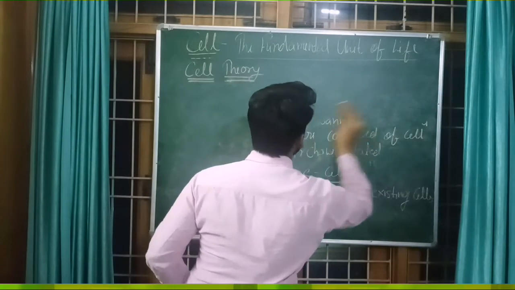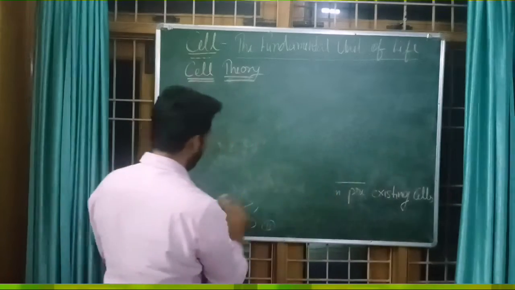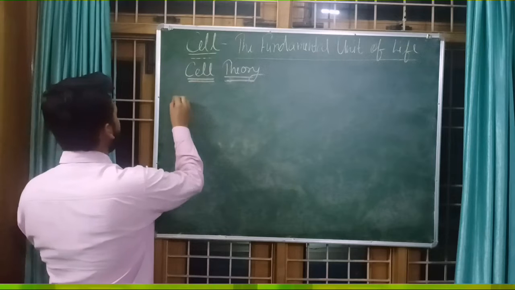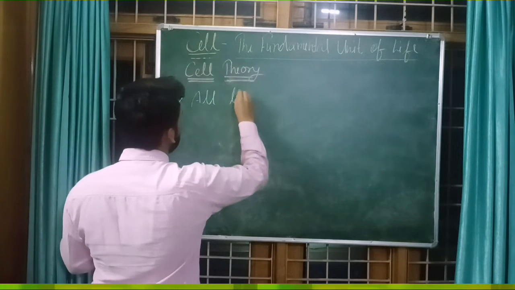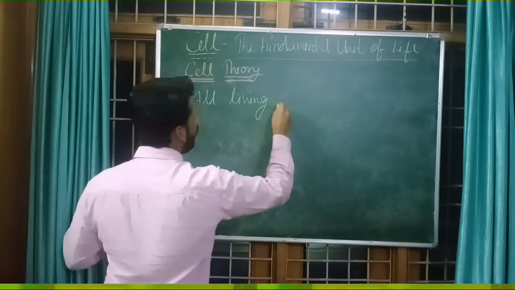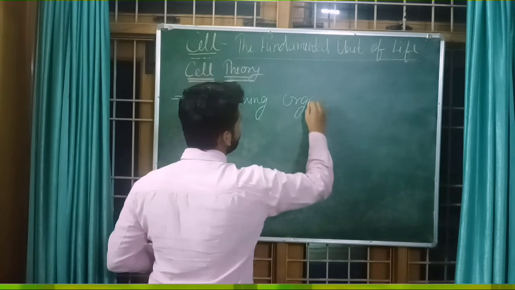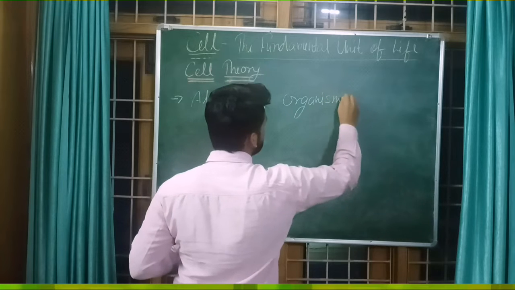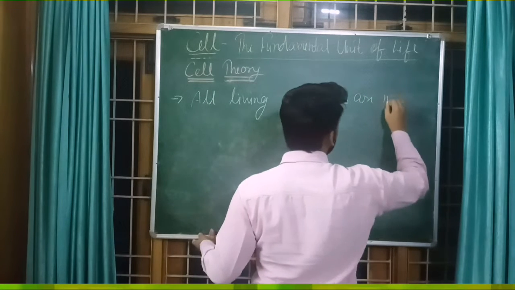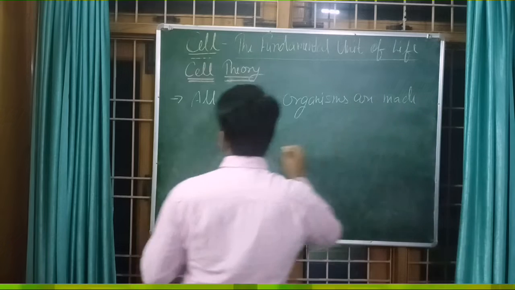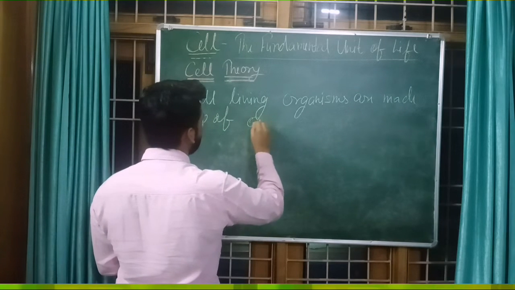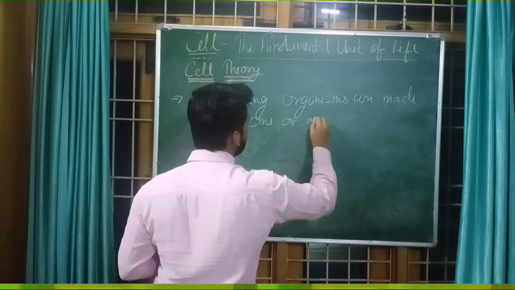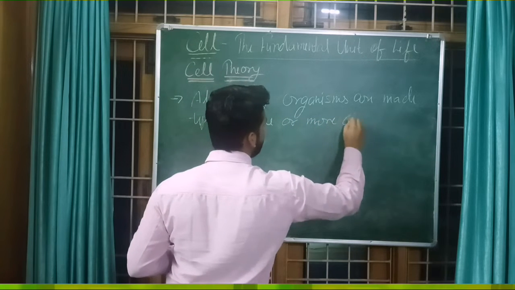We concluded that all the organisms are made up of cells and their products. So our first point is all living organisms are made up of one or more cells.